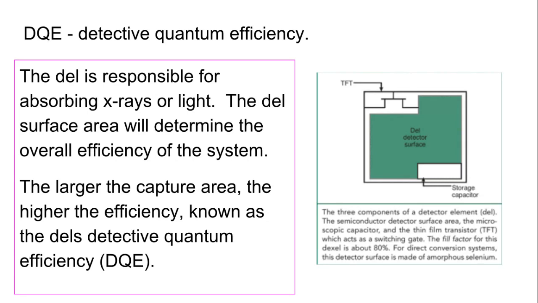And the DEL surface area, which we can describe statistically by its particular fill factor, will determine the overall efficiency of the system. As the fill factor increases, so if we went from 80 to 90%, we would have an increase in our DQE. The larger the capture area, the higher the efficiency. That makes sense because for each percentage we increase the fill factor, we would be able to quantify more and more photons.